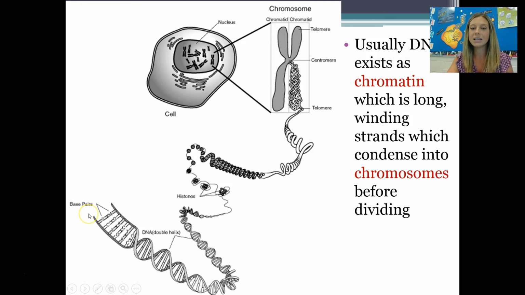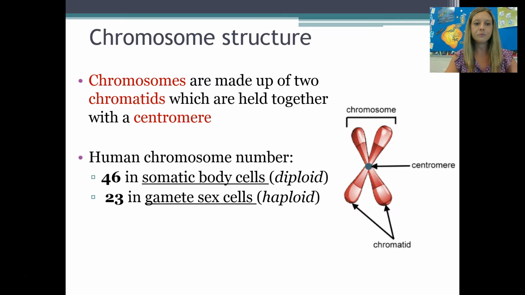So DNA normally exists in this long winding structure, the double helix form, that is called chromatin, which condenses into the chromosome before the cell divides. And remember, the chromosome is two chromatids held together by a centromere. Okay, that's really important, so make sure you understand that. Make sure you have all that labeled. Pause and rewatch that if you need to.